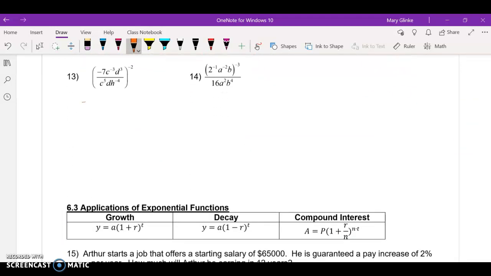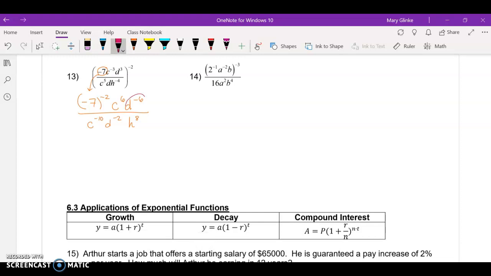For number 13 here, we're going to first raise everything to the -2nd power. Notice how I'm writing -7 here. So -7 to the -2nd. And then c to the 6th, d to the -6th, over c to the -10th, d to the -2nd, and h to the 8th.